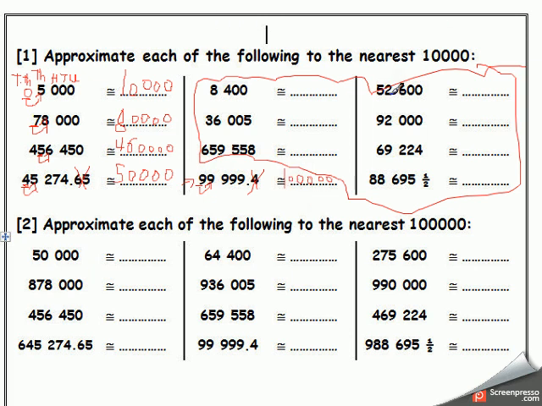This is approximation to the nearest 10,000. What about approximation to the nearest 100,000? The same steps. I should mention the 100,000 digit. Here, I don't have a 100,000 digit. Units, tens, hundreds, thousands, 10,000. I don't have 100,000, so I should write 0 and consider it as 100,000.